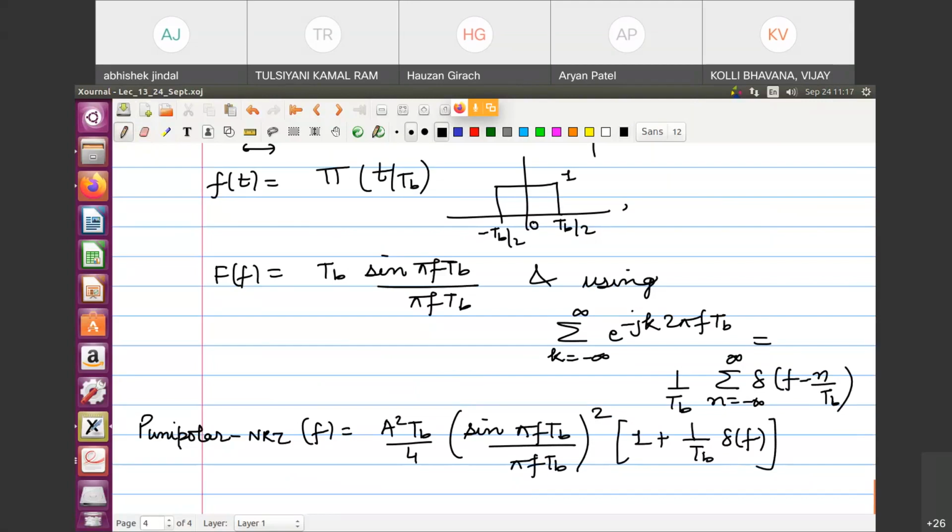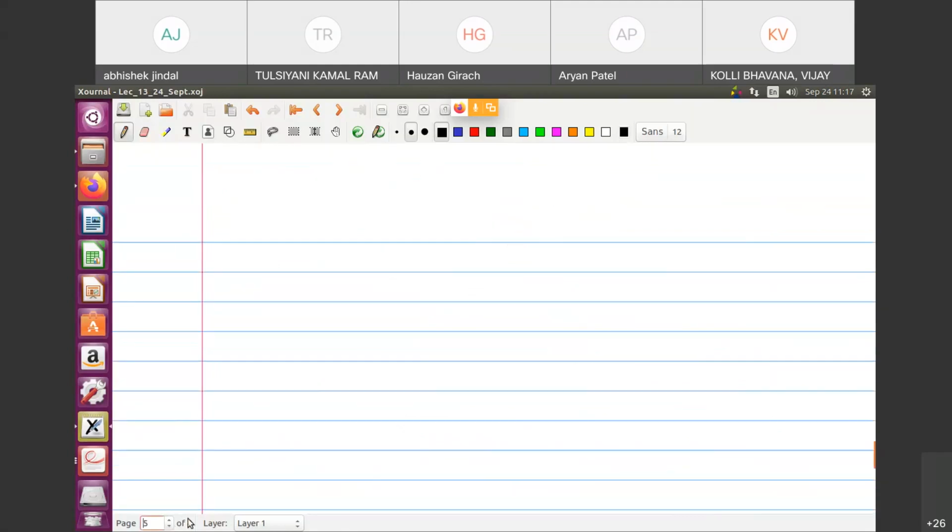Now let us see this problem. Now this delta of f will take a non-zero value only at f equal to 0. So this clearly shows that unipolar NRZ will have a non-zero DC level. Okay. So let us write the disadvantage of this. So we have a finite DC level. Okay.